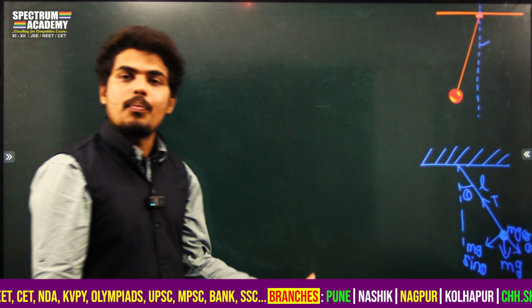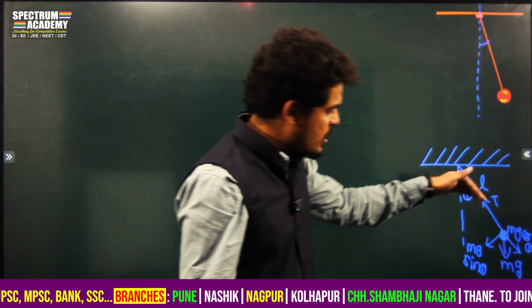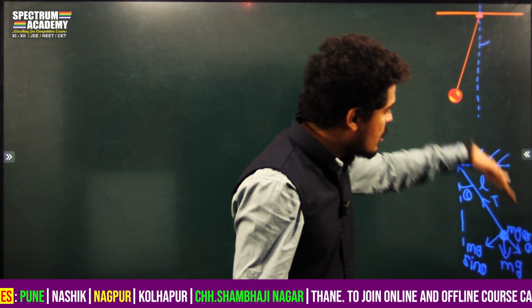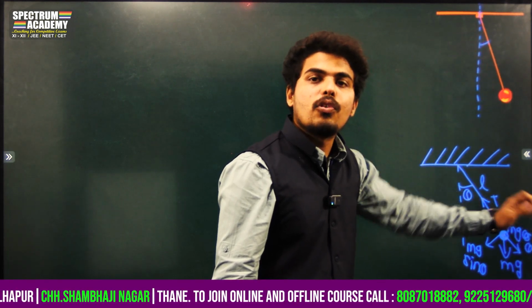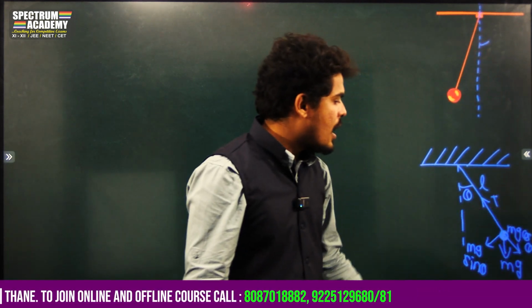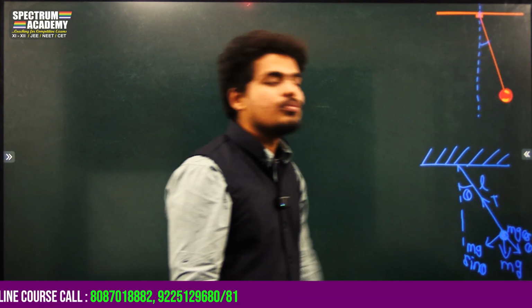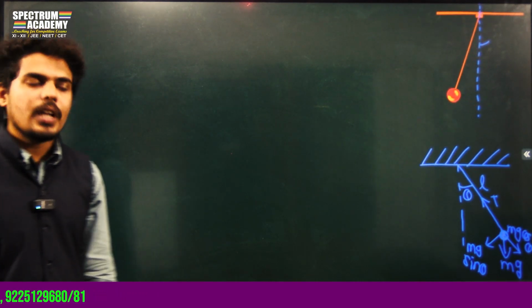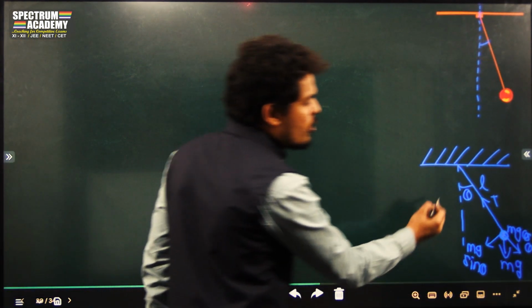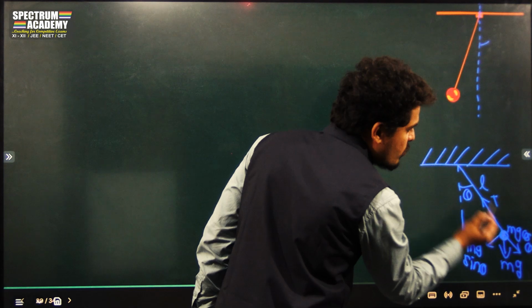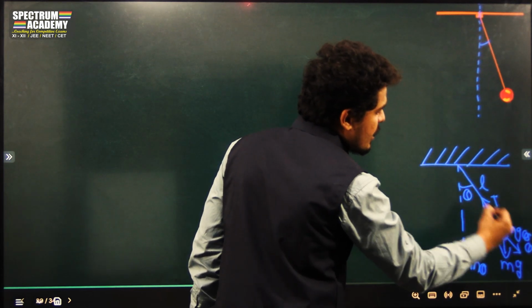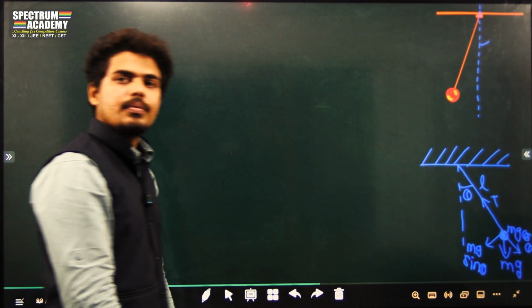So there are two components of the force mg. In the direction of the tension, the force is mg cos theta and here the force is mg sin theta, right? So we have two forces. First one is this one, mg cos theta, and second one is this one, mg sin theta.